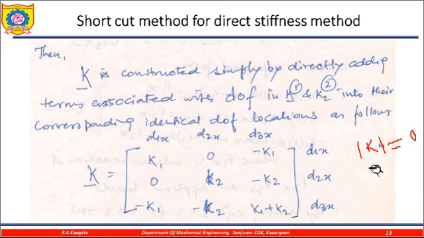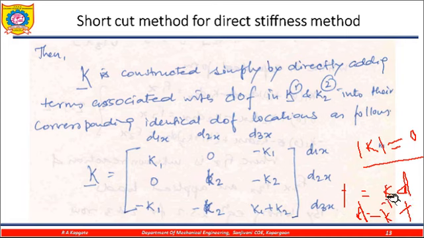Since this is a singular matrix, we cannot find the inverse matrix. My equation is force equals k matrix multiplied by displacement matrix. If I am interested in finding the displacement matrix, it equals the k inverse matrix multiplied by the force matrix.